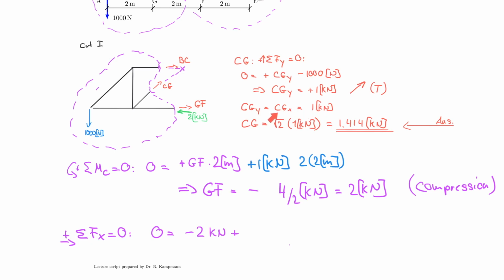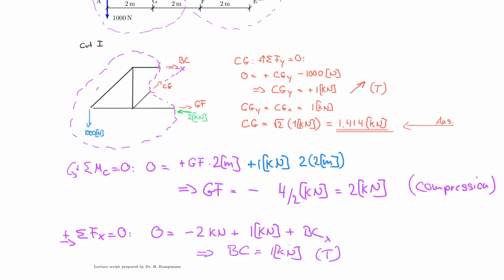So we have that given here. So 1 kilonewton, and that was actually in tension, so we were correct there. So it's plus to the right, 1 kilonewton, and then plus BC. And you can also call that BCx. And that is assuming that it's in tension. And so therefore, BC is equal to 1 kilonewton in tension.